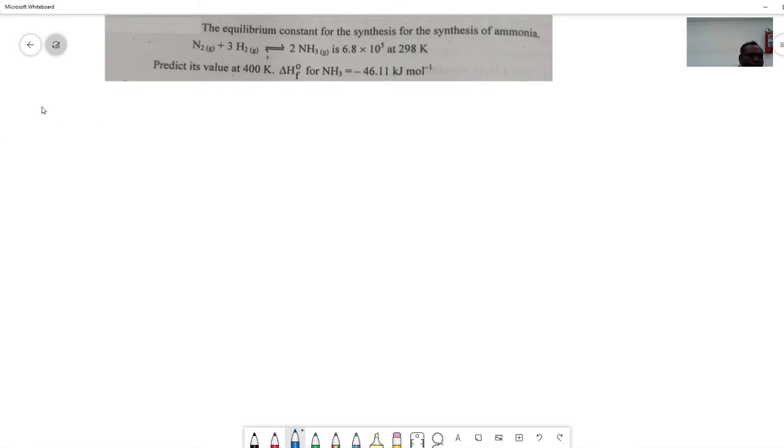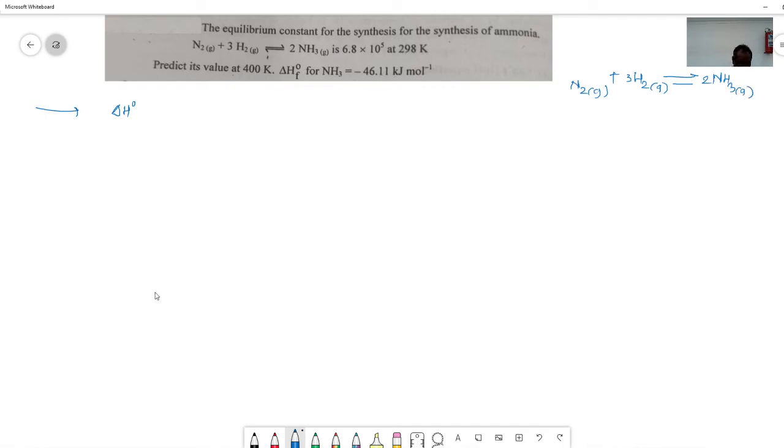Now, how will we solve it? We have learned the Van't Hoff equation. First, we have to calculate delta H0 for the overall reaction. The reaction is N2 gas plus 3H2 gas in equilibrium with 2NH3 gas.